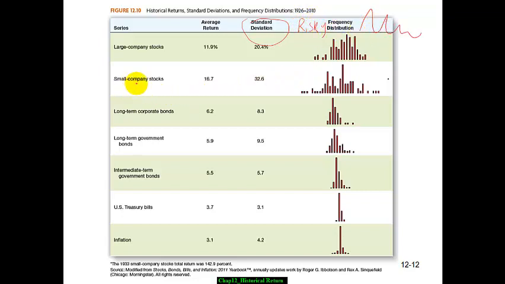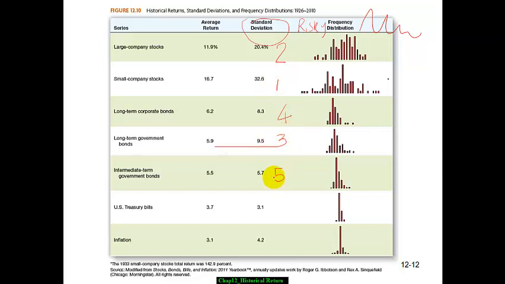So as you see, small company stock has the highest standard deviation, followed by large company stock. The long-term corporate bond and the government bond tend to flip sides in terms of ranking. So the long-term government bond has a bit higher standard deviation compared to the long-term corporate bond.